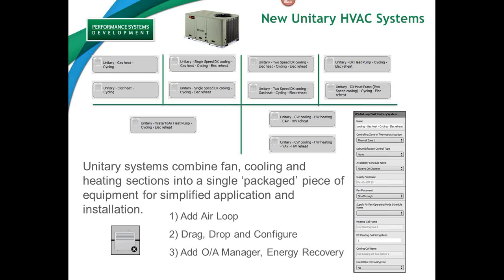So these systems are very commonly found, for example, in residential applications where they may not have outside air management systems, it may just be pure recirculation systems, but also very commonly found, again, in any type of package rooftop configuration, along with some economizer configurations and perhaps energy recovery. So again, we'll go through the application of those unitary systems with an example toward the end of the webinar.